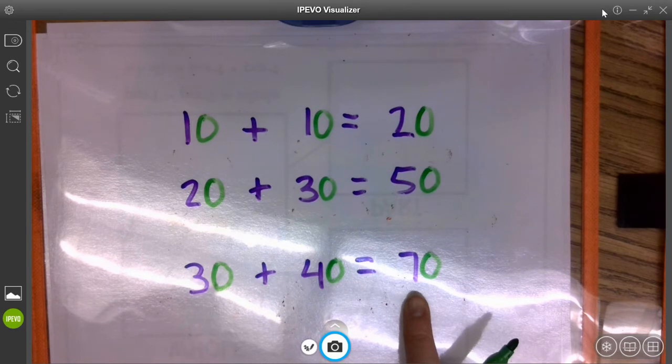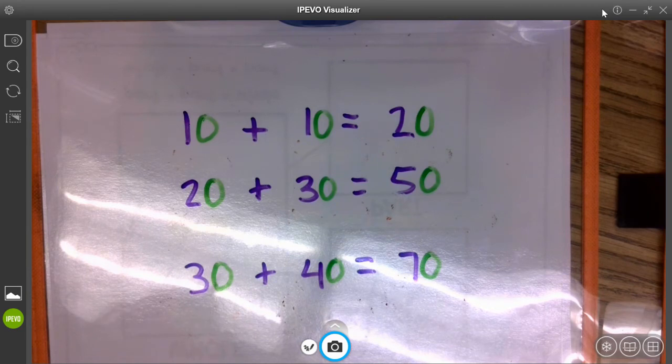The math doesn't change just because we move to the tens. When we're adding tens, we're still adding. We're still following the same patterns and rules we have learned. We've just moved over to being in the tens place instead of the ones place.